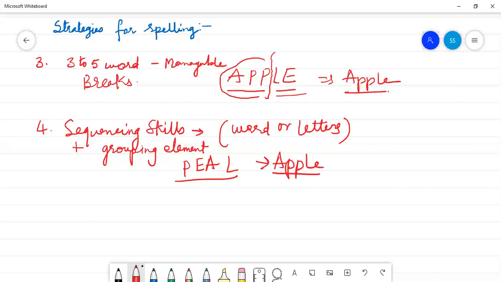As I said, this depends upon the child's ability. If the child is quite good in spelling, say 70%, you can give such an activity where the child sequences the spellings or words or letters in a correct way. This is also one way which we can practice.